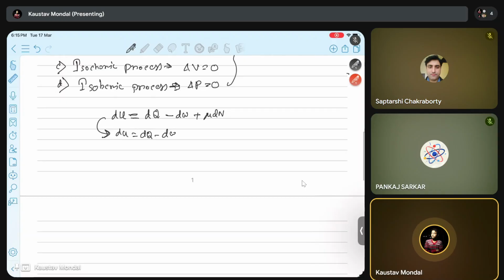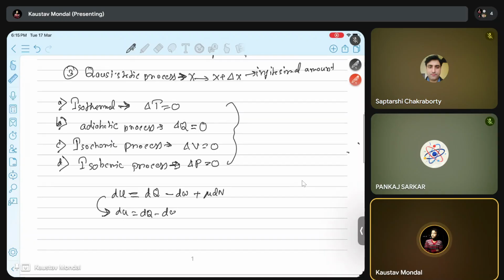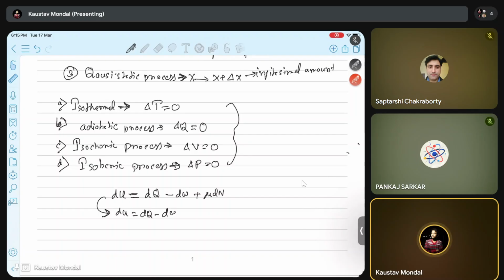Now we have also calculated, for each of these processes, the work done, the expression of this work done. For the isothermal process, we found that the work done is W equal to RT ln V2 by V1.